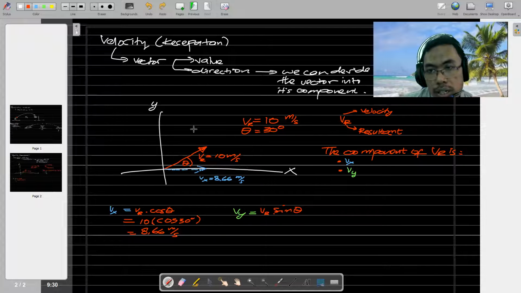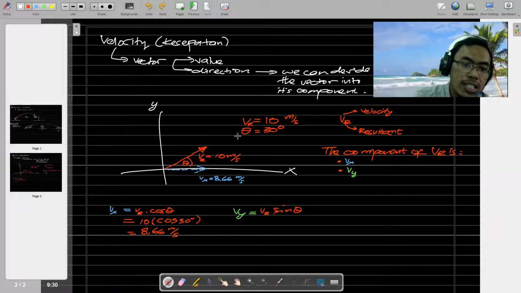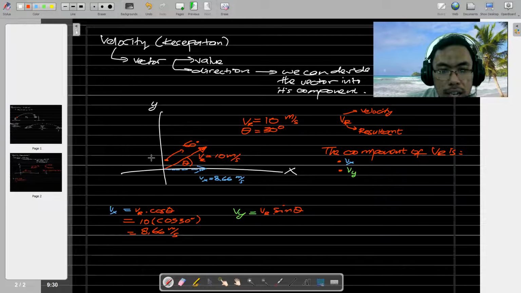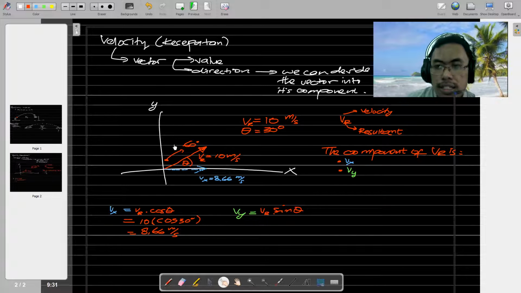We don't have an explicit number of theta here, but actually the value of the angle here is 60 degrees, because the y and x axis make a 90-degree angle.